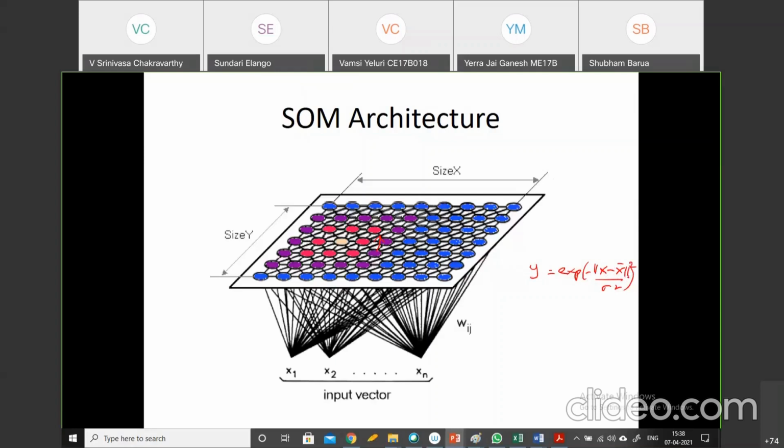That is, when x and x̄ are the same, the response is highest, which is 1. To the extent that x deviates from x̄, the response goes down. So this is like a tuning curve for the neuron. The only thing is it's in n dimensions instead of just a single scalar parameter.